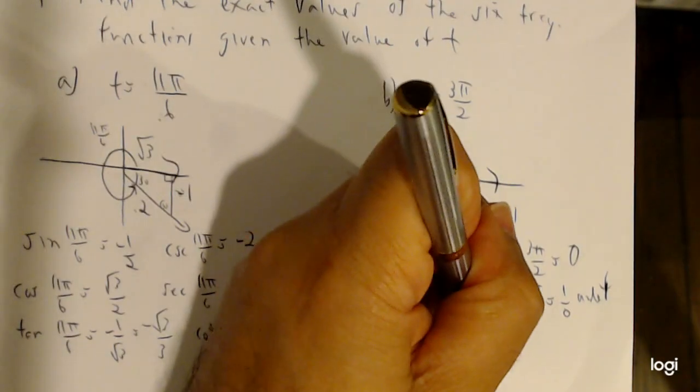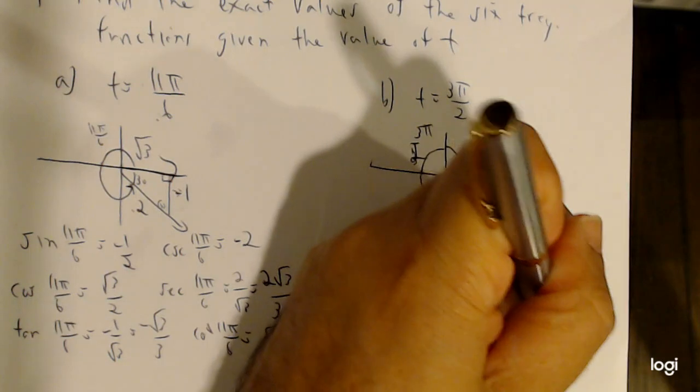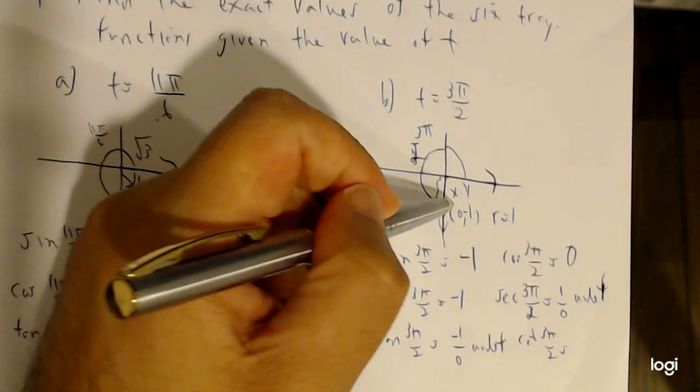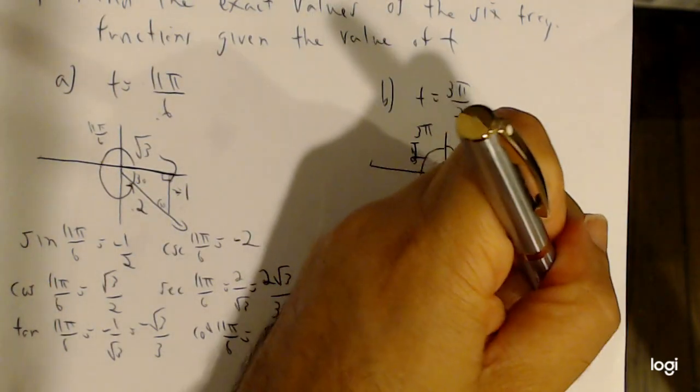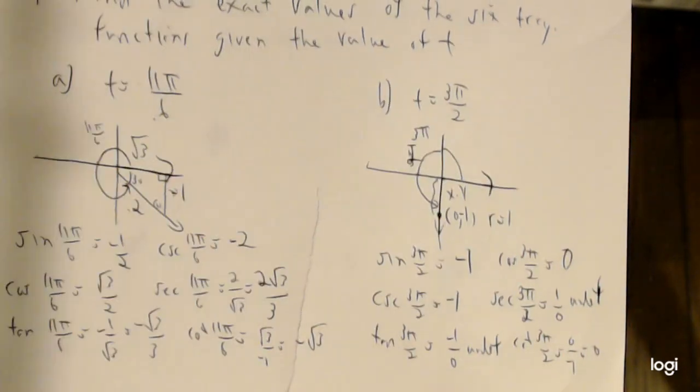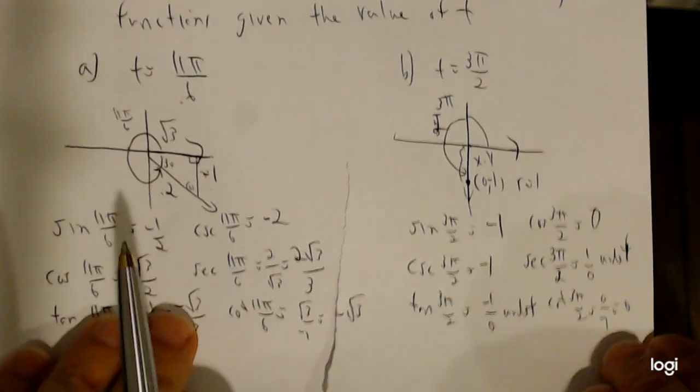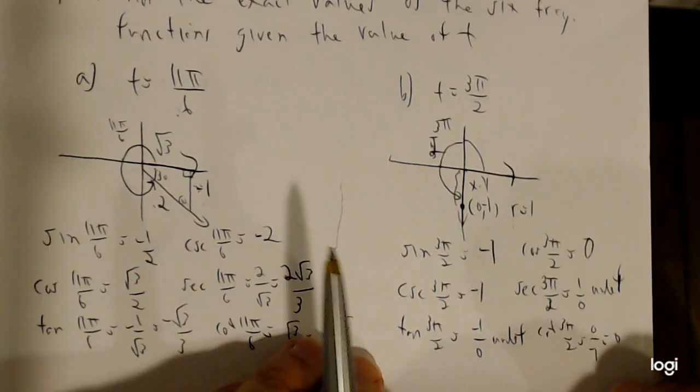And once again, this is also undefined. And then lastly, cotangent of 3 pi over 2, which is x over y, which is 0 over -1, which is 0. Okay, so with that said, now let's go ahead and find the domain values of our trig functions.